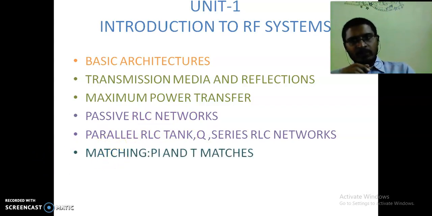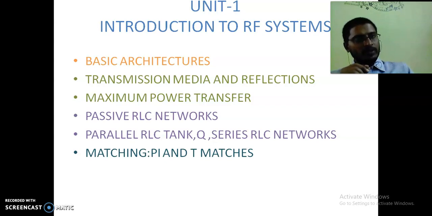Next, matching. If there is any mismatch between load and source, there will be reflections. Reflections indicate wastage of power.